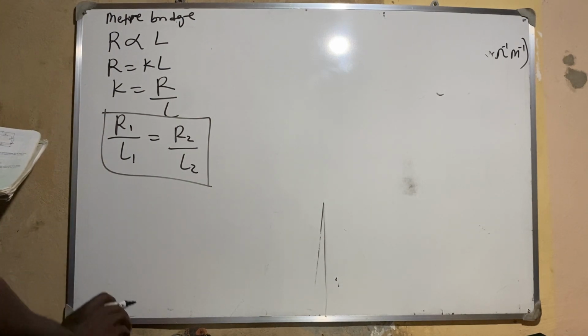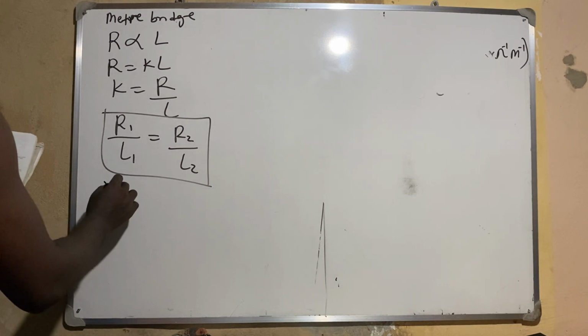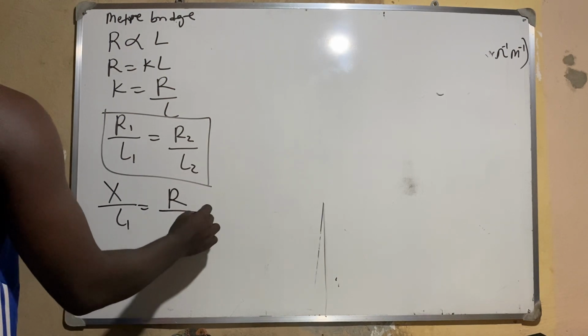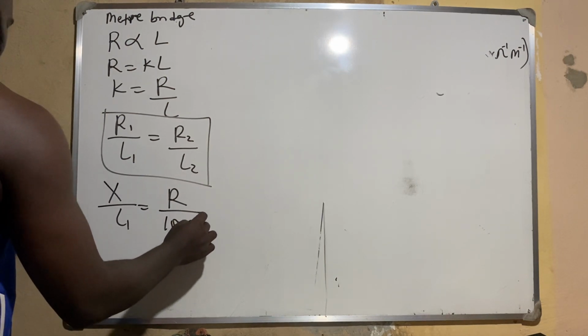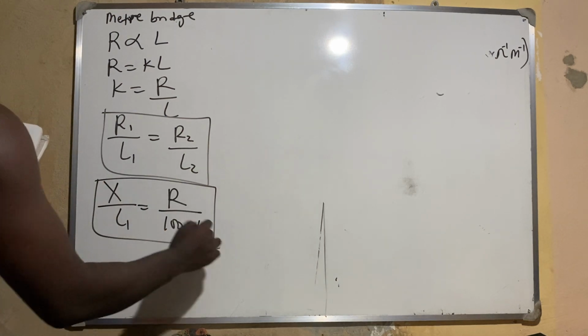In terms of x and r, we have x over L1 is equal to r over 100 minus L1. This is from the diagram.